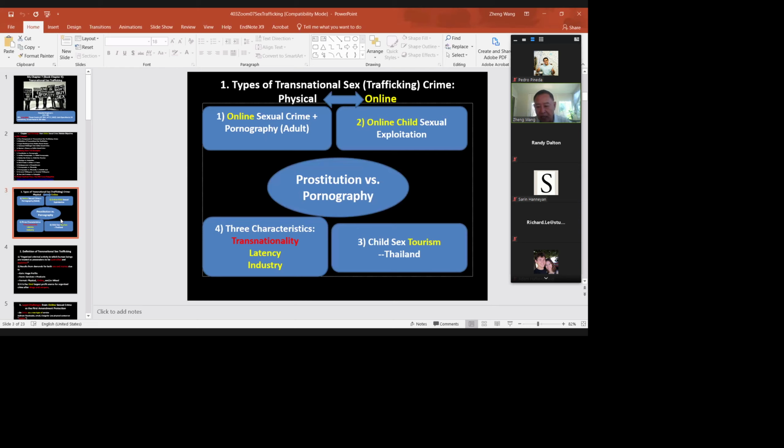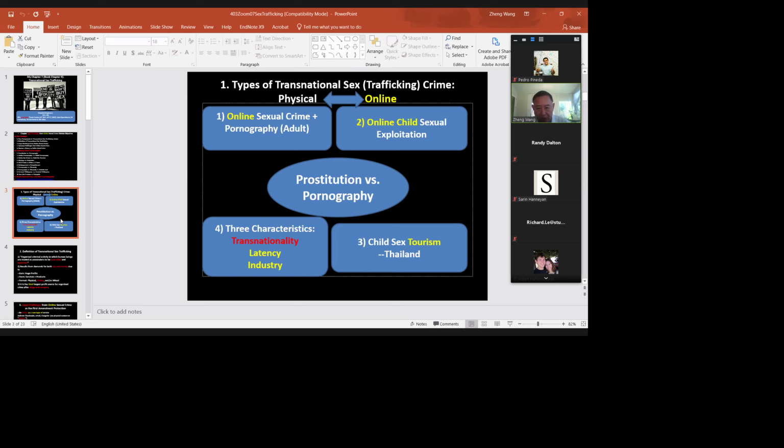Here is a typology. Transnational crimes, including drug, weapon, commercial items, digital, human trafficking, and now sex trafficking. It can have 2 tracks.